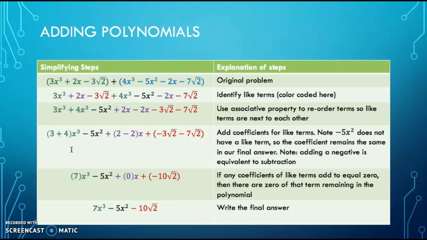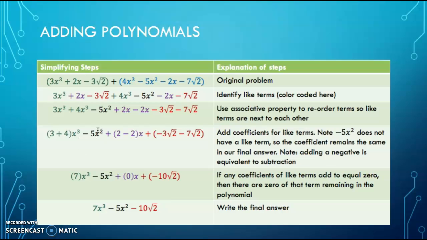So now what I have to do is add these like terms, or combine these like terms. So what I've done is I have written parentheses around the coefficients here. I've basically factored out this x cubed, but you can just think about it as I have added the coefficients. So 3 plus 4 of those x cubed gives me 7 of those x cubed.